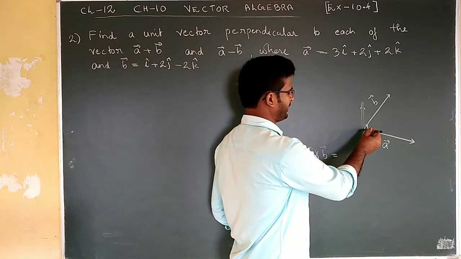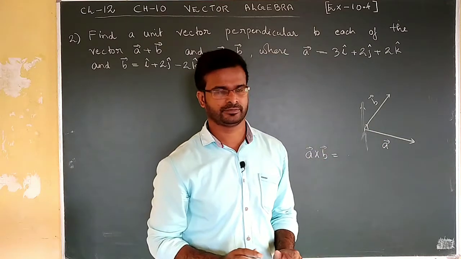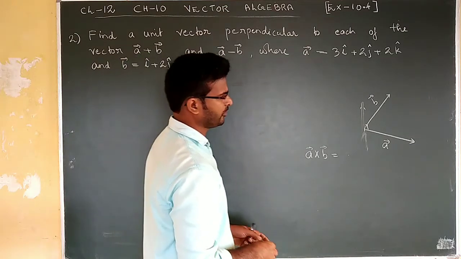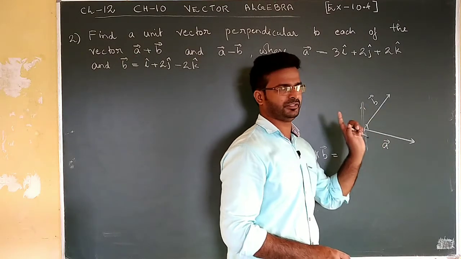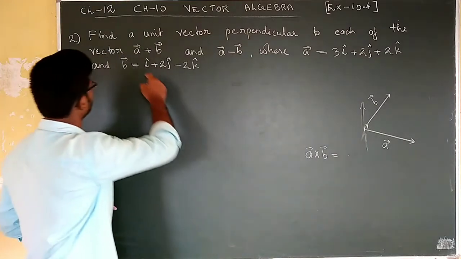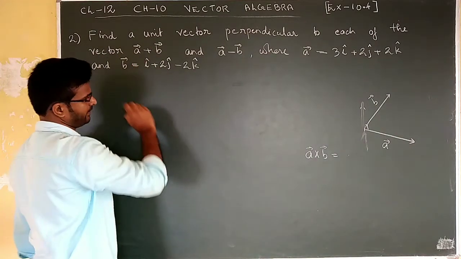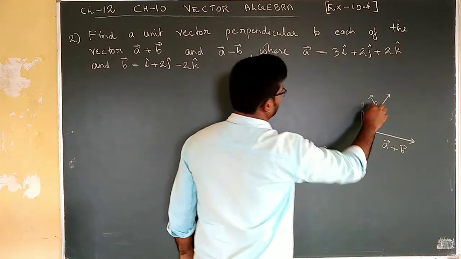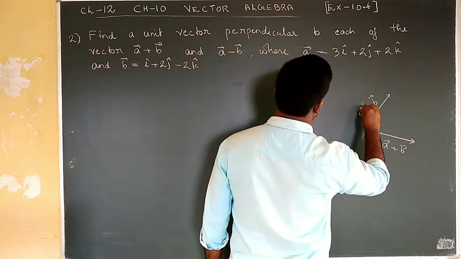The direction of A cross B is perpendicular. Here we have to find the vector perpendicular to A plus B vector and A minus B vector. Consider the first vector is A plus B vector, and the second vector is A minus B vector.